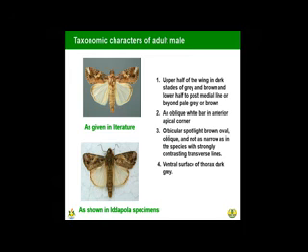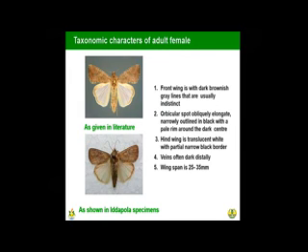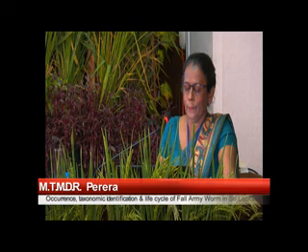And taxonomic characters of the adult female. The female differs from the male, and the front brownish gray lines are usually indistinct because the male has distinct characters. And also orbicular spots elongate, narrowly outlined in black with a pale rim around the dark center.